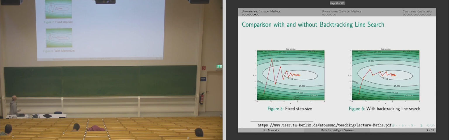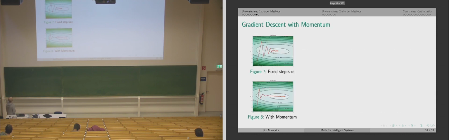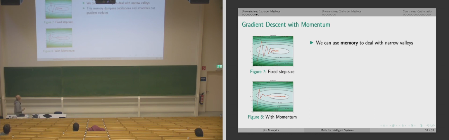Okay, so another thing that we might want to do is something called momentum. The key idea is we should be able to use memory to deal with narrow passages. You could see that as a kind of higher order method, but in time, not in terms of the geometry.